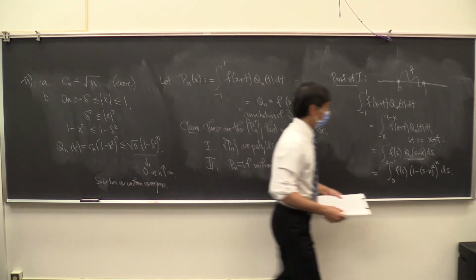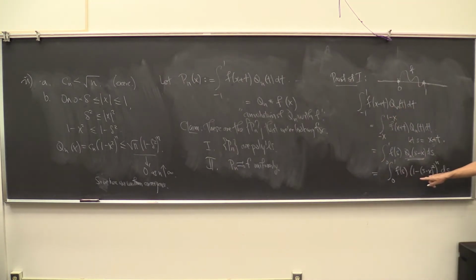Okay, but you see what we're going to get here. This is going to be a polynomial in x, because all you're going to have is some powers of x in there, and there'll be some constants on them because you integrate over s. But that's just going to give you some constants multiplying the powers of x.